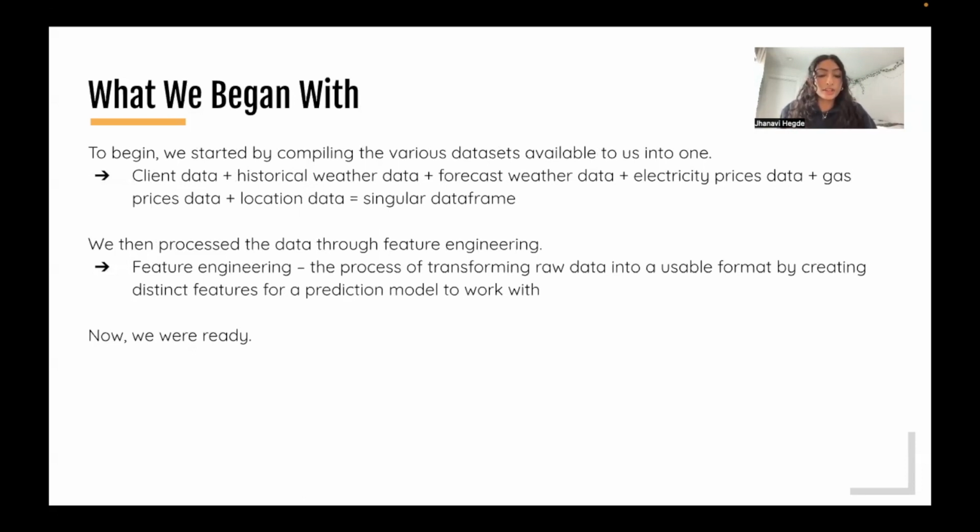We then processed the data through feature engineering. Now, feature engineering is essentially the process of transforming raw data into a usable format by creating distinct features for a prediction model to work with. For example, we created a time period feature that accounted for the hour, week, month, and so on. And so once we had these materials ready, we were prepared to begin.